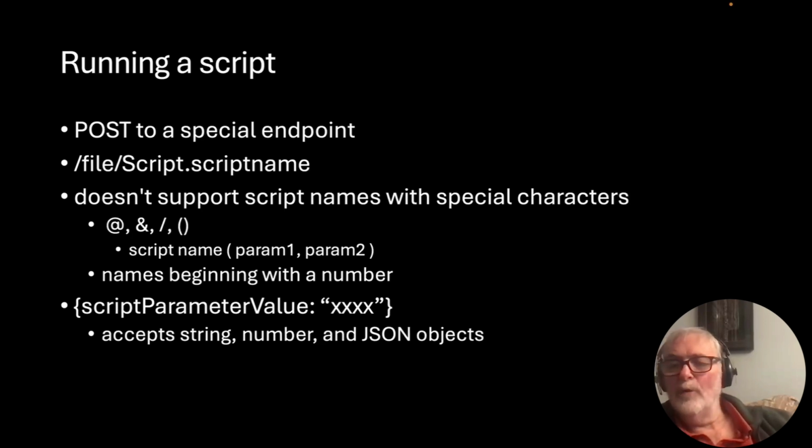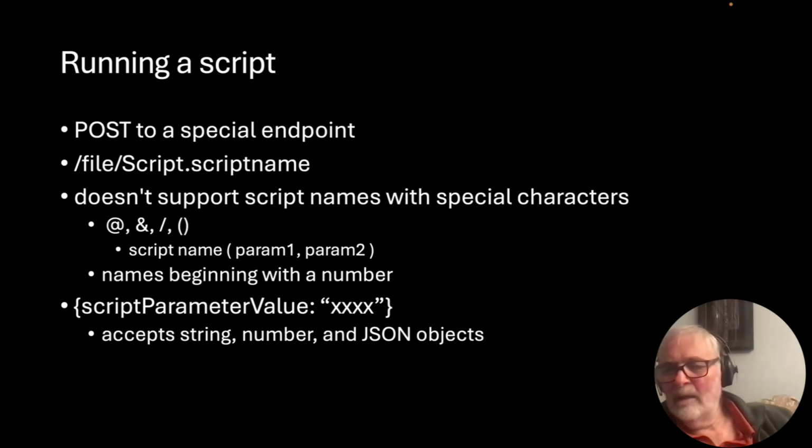So any scripts that you want to run by OData, you just have to use ASCII characters. Just stop being fancy. So a space in your script name and underscore would be considered acceptable?